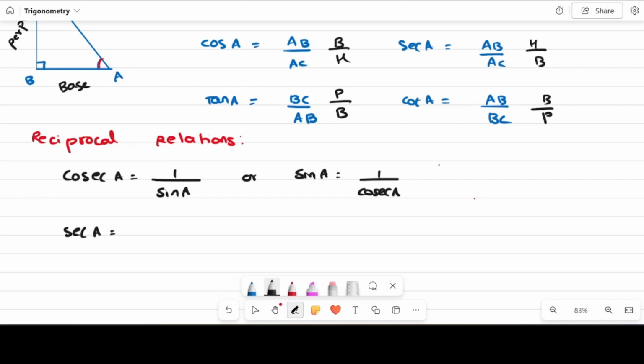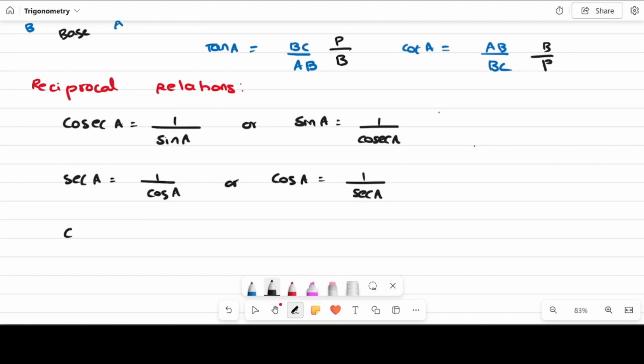We can write secant A is equal to 1 by cos A, or cos A is equal to 1 by secant A. Then we have tan and cot. Cot A is equal to 1 by tan A, or tan A is equal to 1 by cot A. These relations are very important when we are proving identities and solving the exercise questions. Okay, so these are the reciprocal relations. Cosecant and sine are reciprocal to each other, secant and cos are reciprocal to each other, and cot and tan are reciprocal to each other.